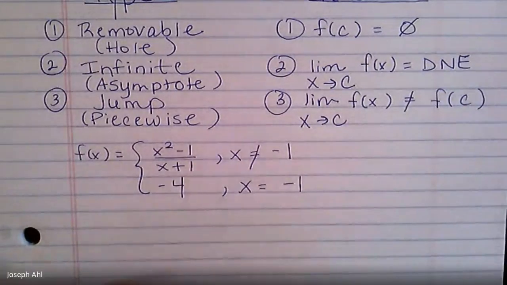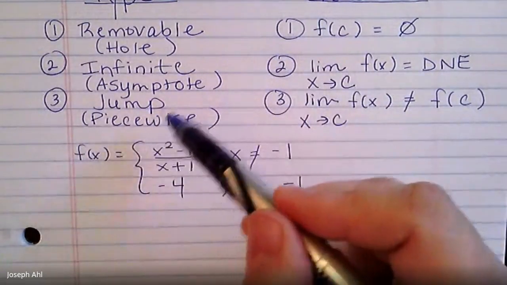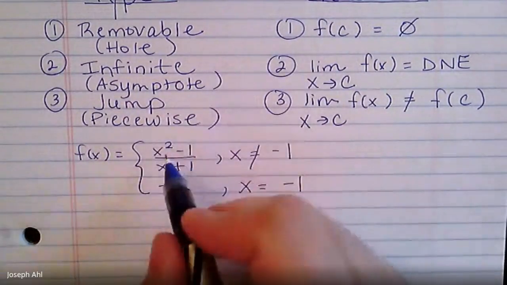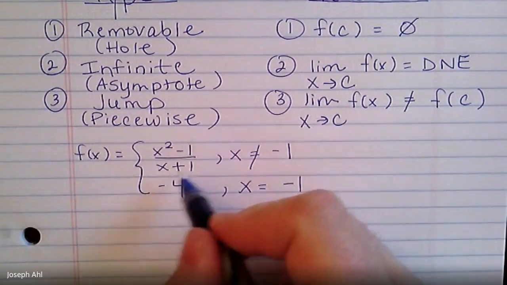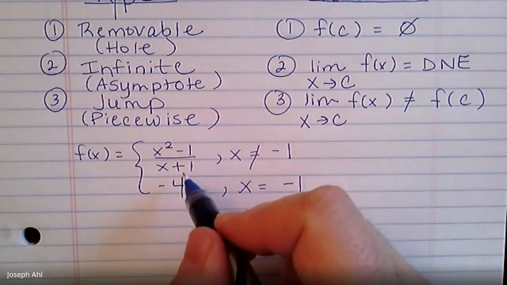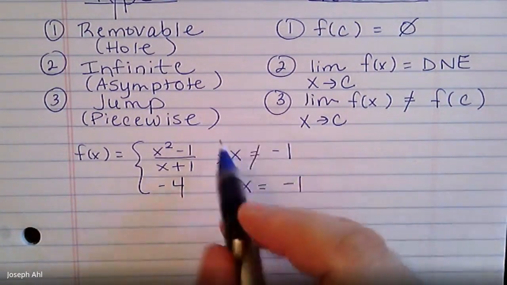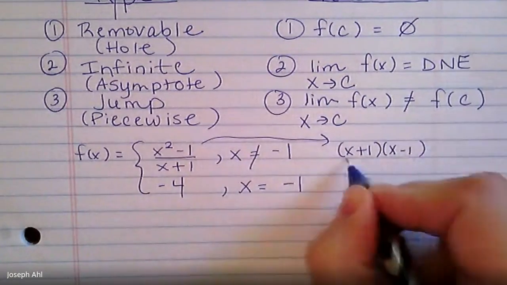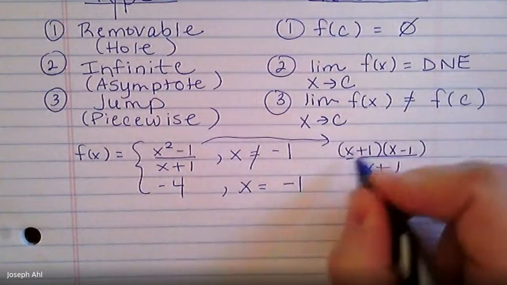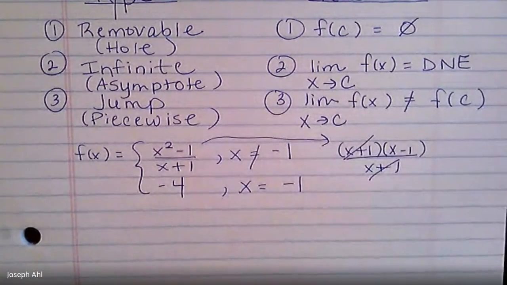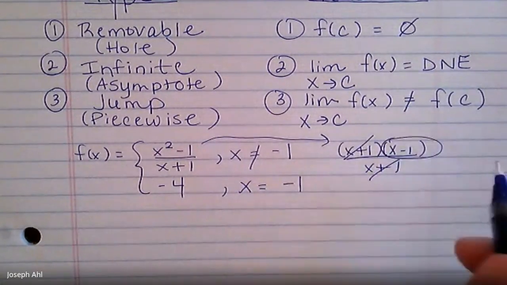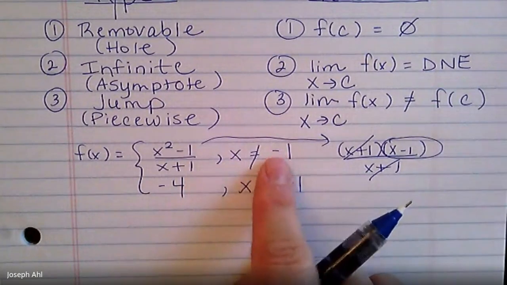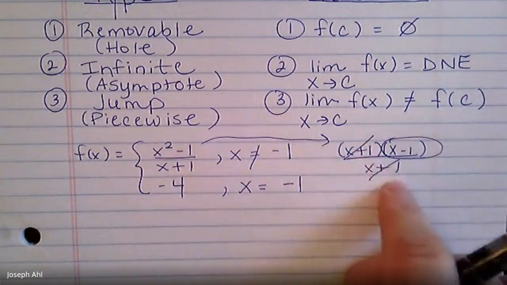Now, this looks like piecewise, and I don't want you to think that piecewise is automatically jump specifically, but if I gave you this function right here, this one has a removable discontinuity at x equals -1, which is why I've defined it in this way. If you were to factor that top, you would get this. The x plus 1's cancel. So you're going to graph the line x minus 1 everywhere except where x equals -1, because x equals -1 would make that 0 over 0 case.